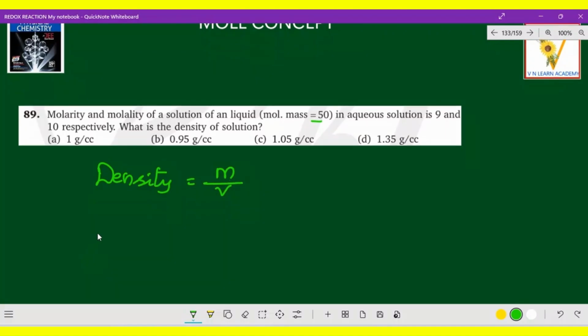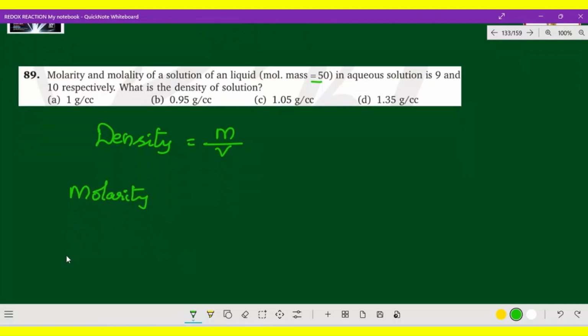They mention the molarity and molality of the solution as 9 and 10 respectively. Molarity is 9 mole per liter, and in the same way here 10.